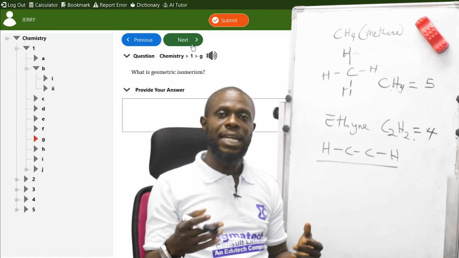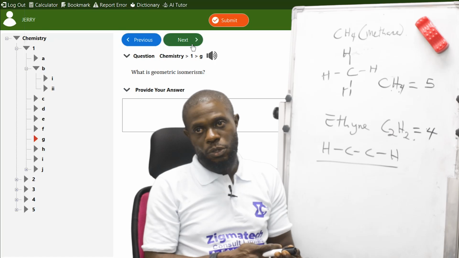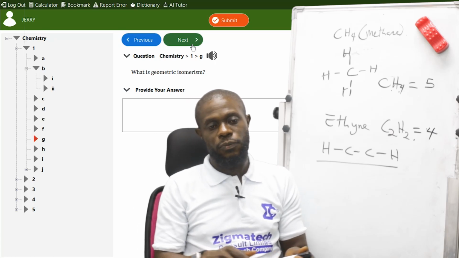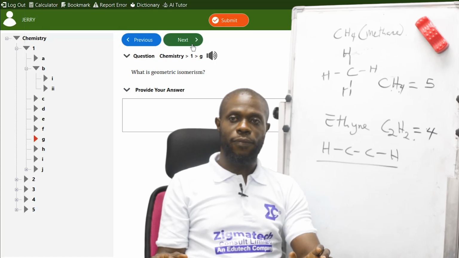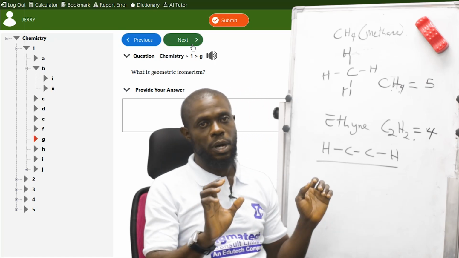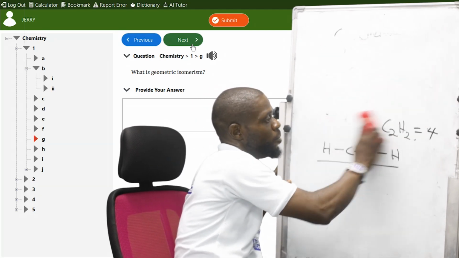But when they are different in their structural formula, it becomes isomerism. So geometric isomerism, for the last time, is when compounds have the same molecular formula but different structural formula.